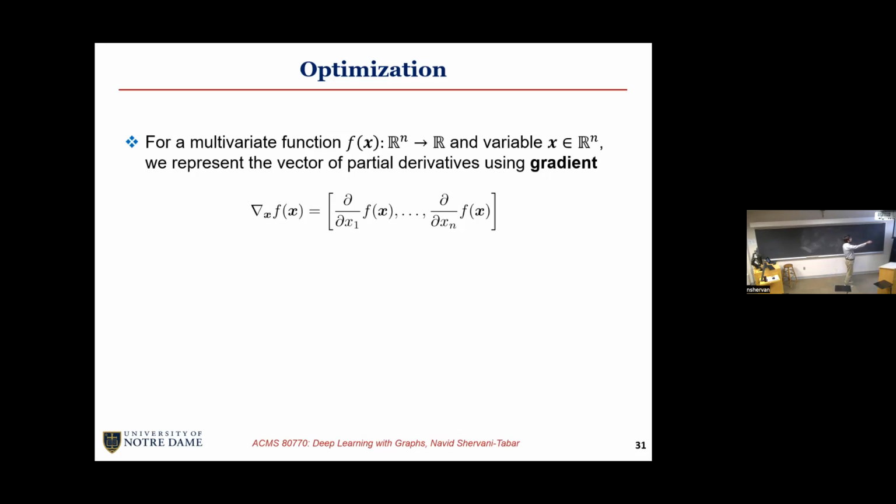We can represent all partial derivatives of this function with respect to variables x1 through xn using this gradient, which is just a vector. Elements of it are just our partial derivatives. So in multivariate functions, what guides us to find the parameter in the parameter space that minimizes the cost is the gradient of that function f.